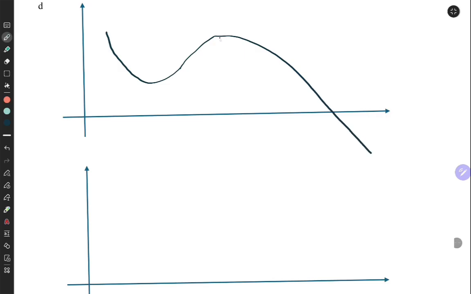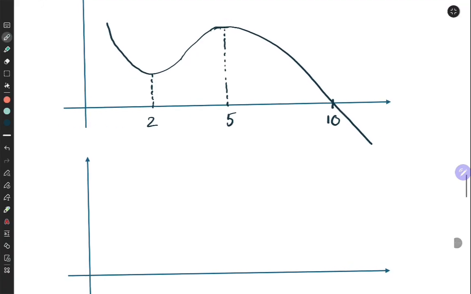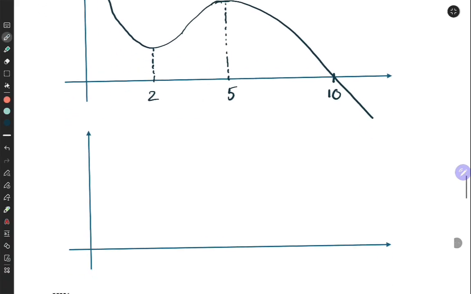The point at the flat right there, maybe give that 5. That is 2. That is 10. Now, something like that. What would be the derivative of this one look like over here? Okay, try that.